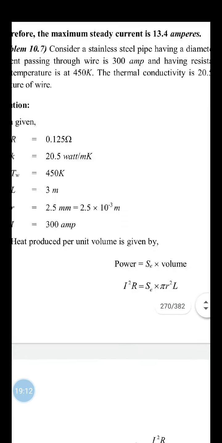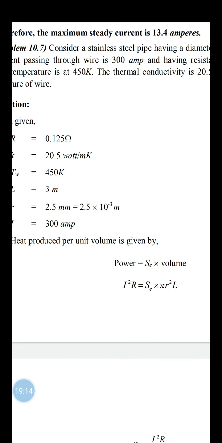Now if you want to find out the heat produced per unit volume, it will be nothing but Se, watt per meter cube, into volume. So it will give you the power. Power is in terms of resistance and current: I square R is equal to Se into volume. What will be the volume?